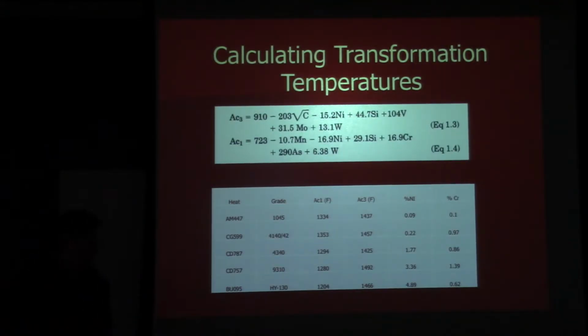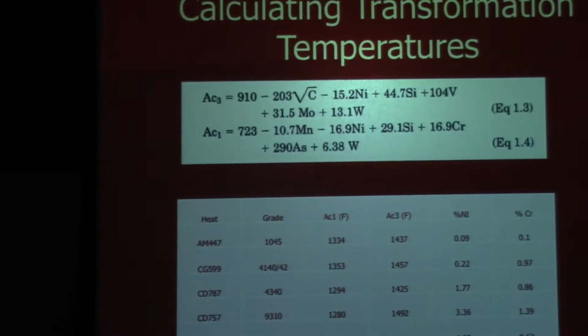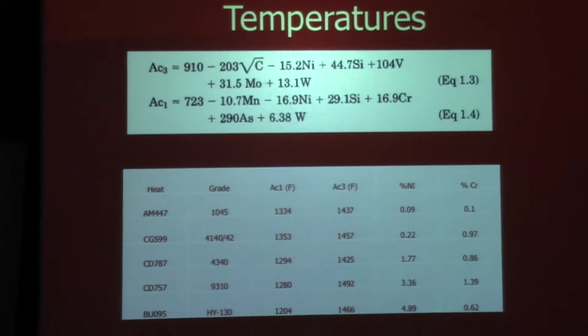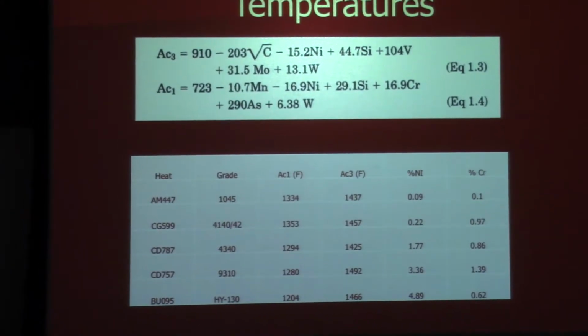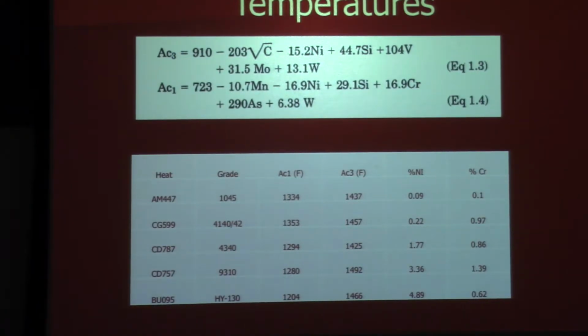So we can calculate the transformation temperatures. I showed earlier how they were experimentally derived, but that's not always very expedient, and researchers have developed equations that we can use to figure that out. I've put up one set of equations for the AC1 and the AC3.